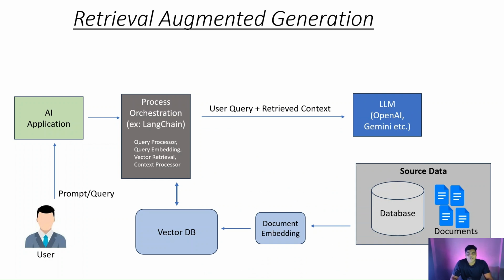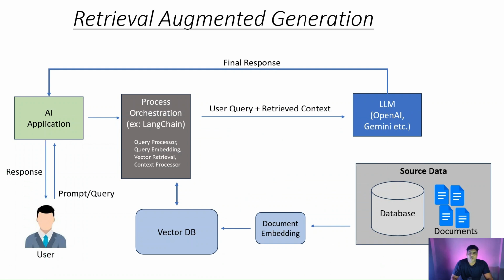The LLM model will process that information, generate a final response, and send it back to the AI application, which is then consumed by the user as a response. So, this is the whole flow of how retrieval augmented generation works.